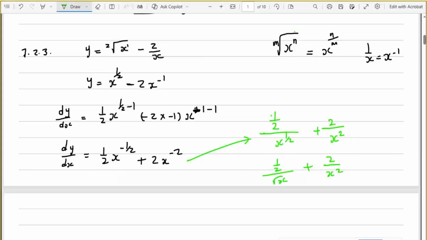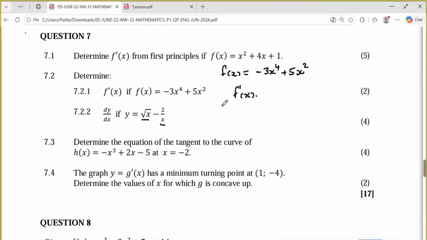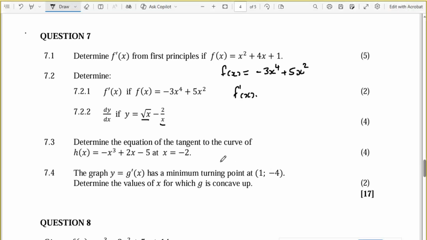Okay, let's look at what we have on the next question. What are we required to do? They say determine the equation of the tangent. They want us to find the equation of the tangent to a curve of h at x. Okay, so this is our main graph, and then the tangent should touch that graph at one point, at x equals minus 2. You understand?